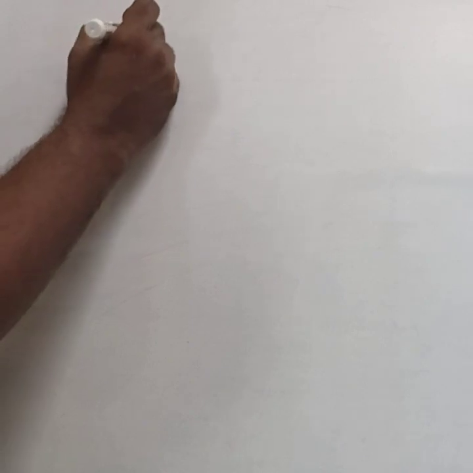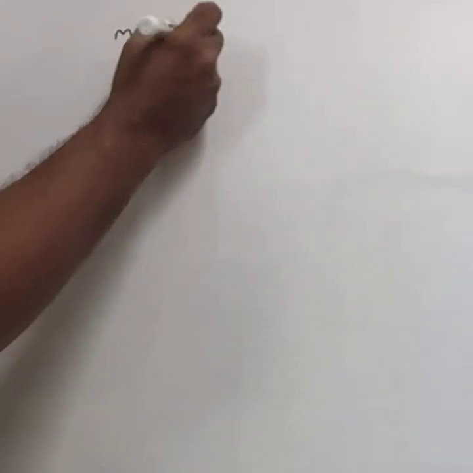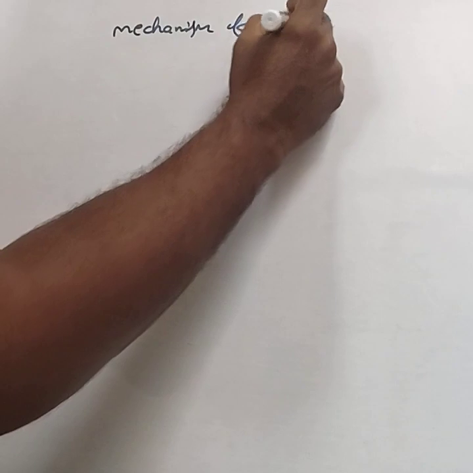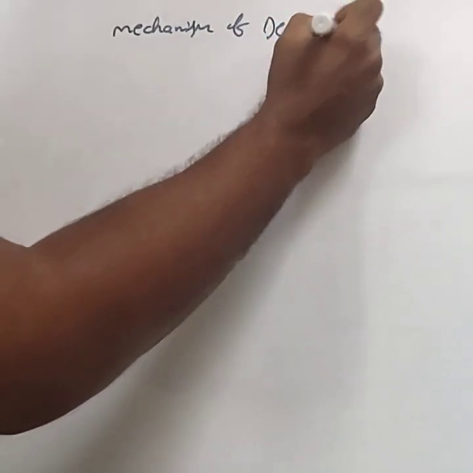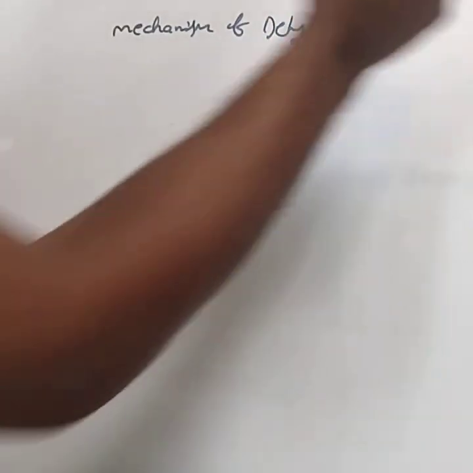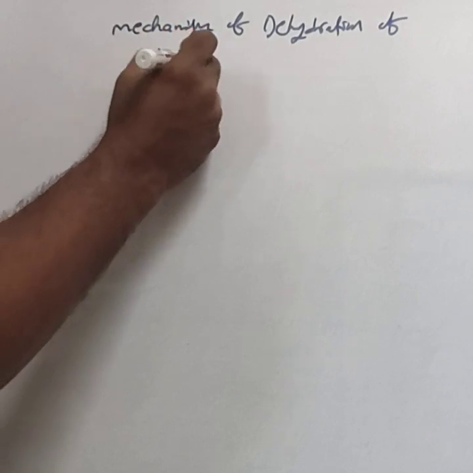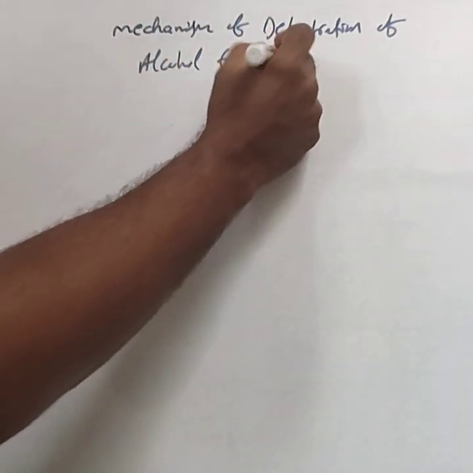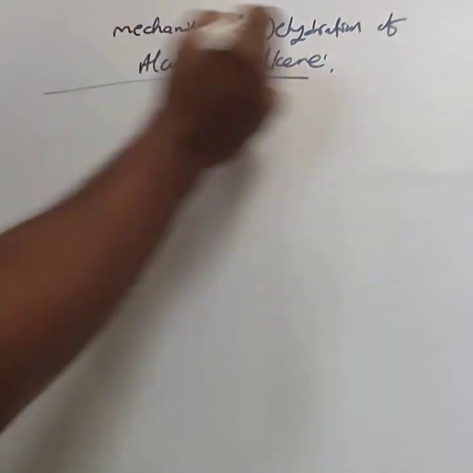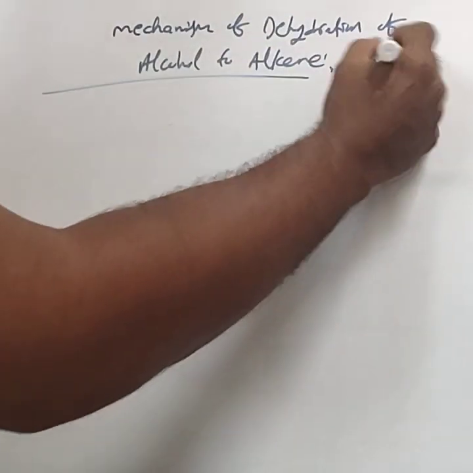Then the third mechanism is the mechanism of dehydration of alcohol to alkene. Very important one. This one carries 3 marks.